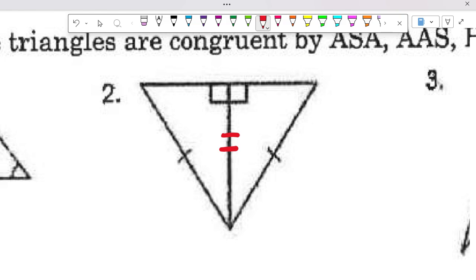No, because it's not directly between the 2 sides. That would be this angle. So we know it's going to be a side-side angle. However, since it is a right triangle, remember that's the only case of side-side angle that works. And the hypotenuse is 100% marked. So it has to be hypotenuse leg.